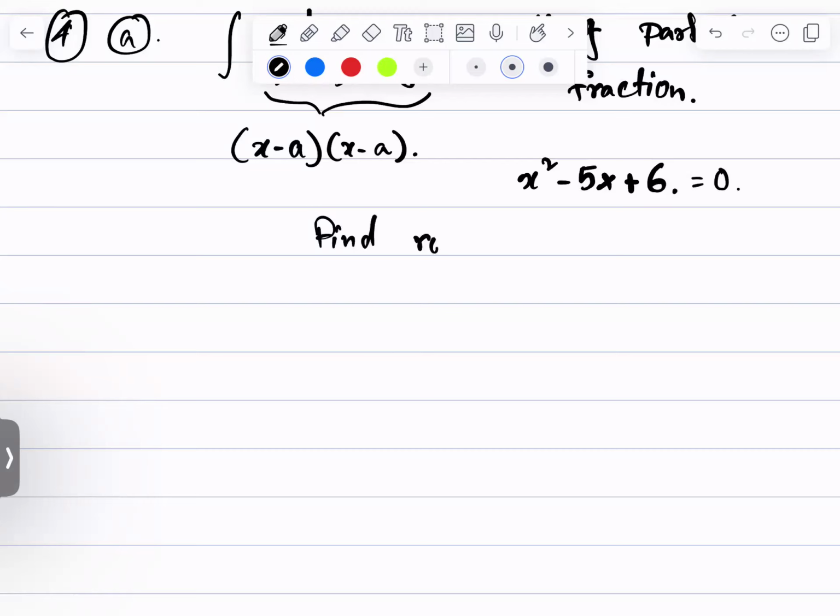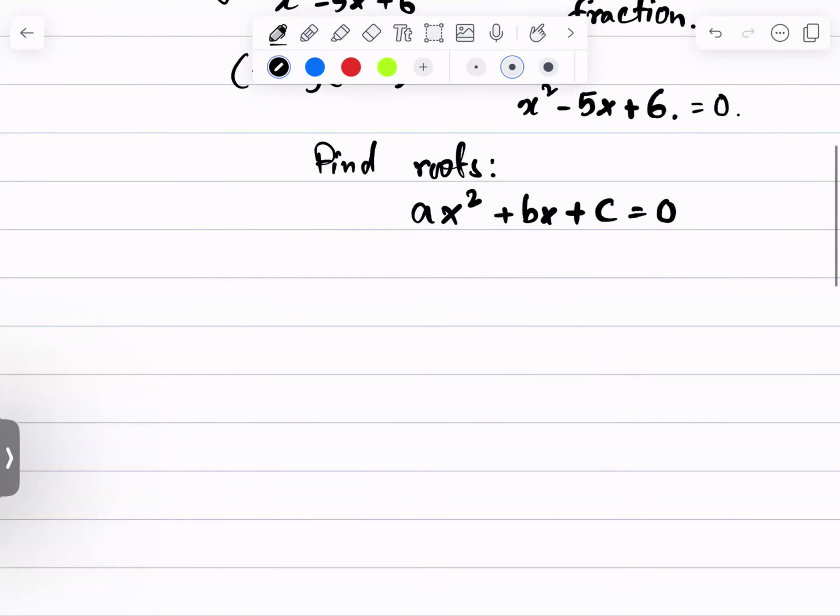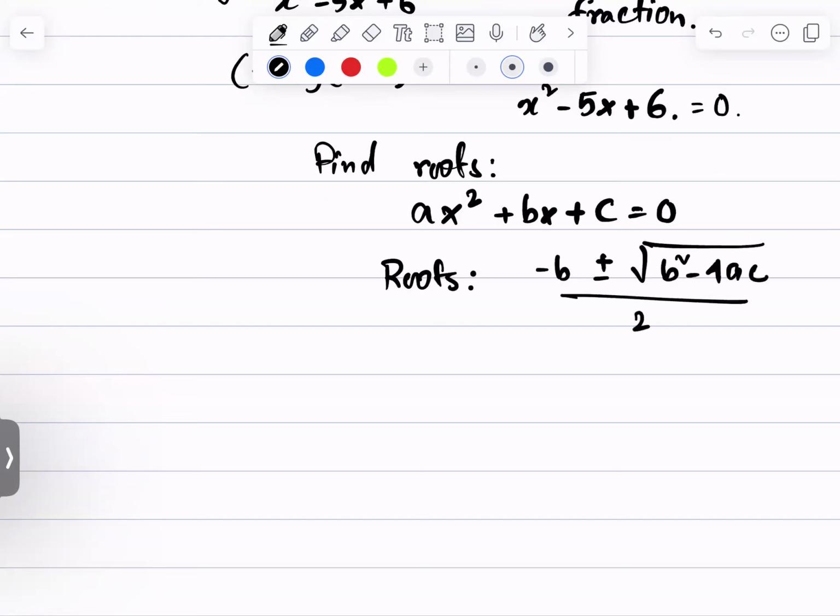Find the root or roots. You might remember, if you have a quadratic equation ax squared plus bx plus c equal to 0, then the formula for the roots is minus b plus or minus square root of b squared minus 4ac, over 2a.